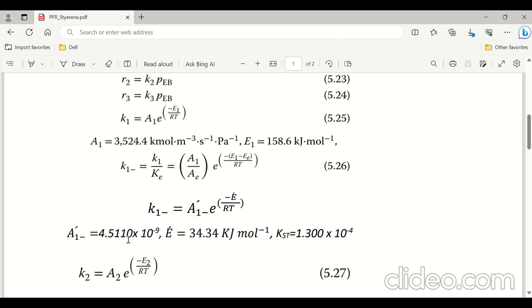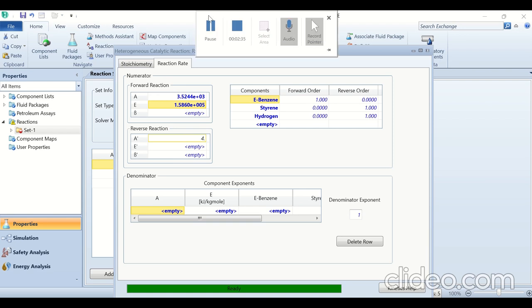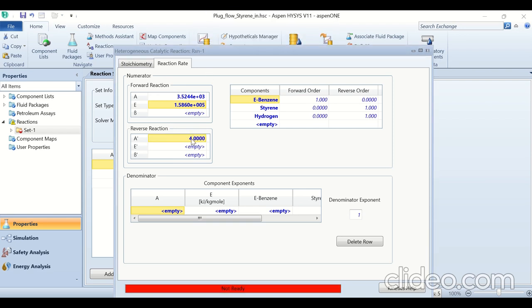So this is 4.511 exponential minus 9, and this is 34.34 kilojoule per mole. Okay, so we have entered the forward reaction and the reverse reaction.